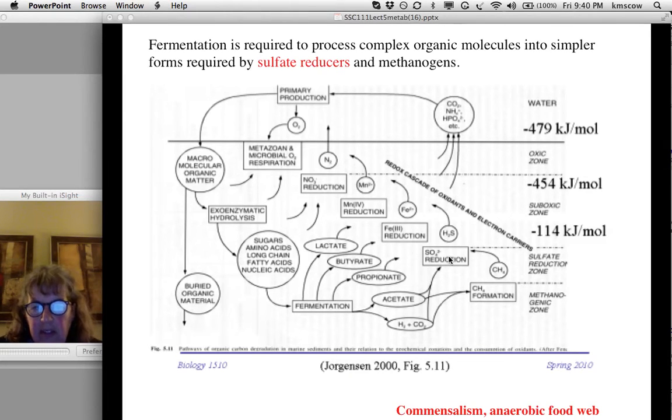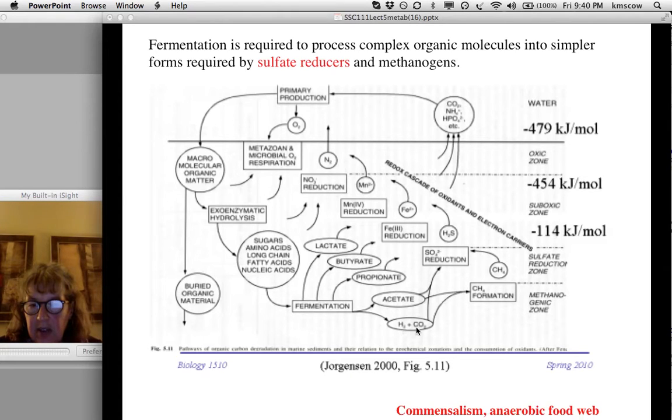Like a lot of sulfate reducers cannot use glucose, and certainly methanogens cannot use glucose. So the fermenters are making simpler organic compounds, but they're also making acetate and hydrogen gas and CO2, which are the ingredients for making methane.